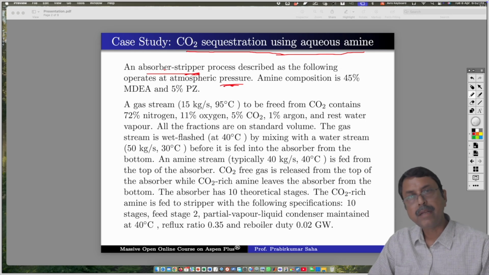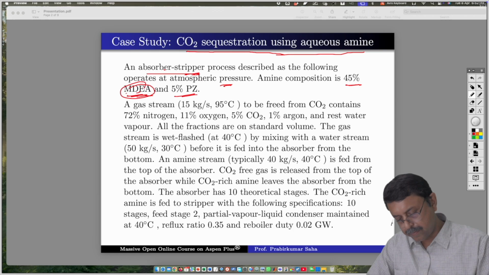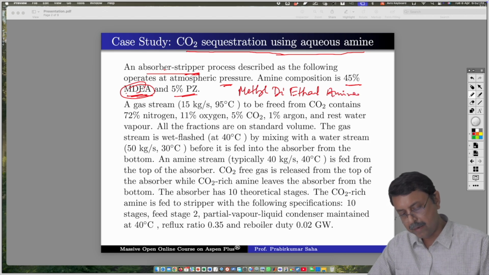Now, the amine composition which we are going to use has 45% of MDEA and 5% of PZ. MDEA means methyl diethanol amine. Okay, so this is MDEA.